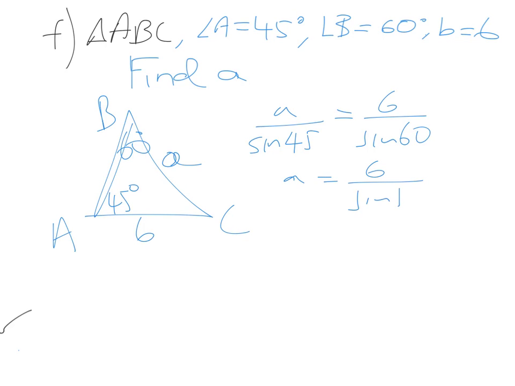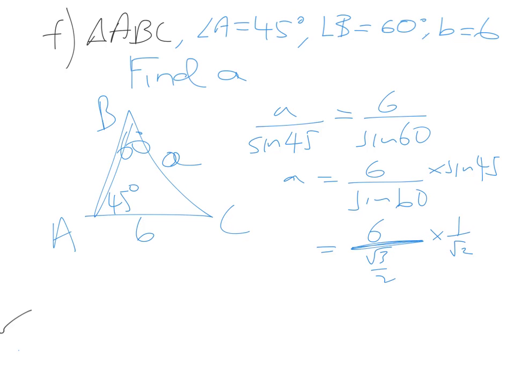Multiply by sine 45. Now using our exact ratios, we have 6 over sine 60 is root 3 on 2, multiplied by sine 45 is 1 on root 2.